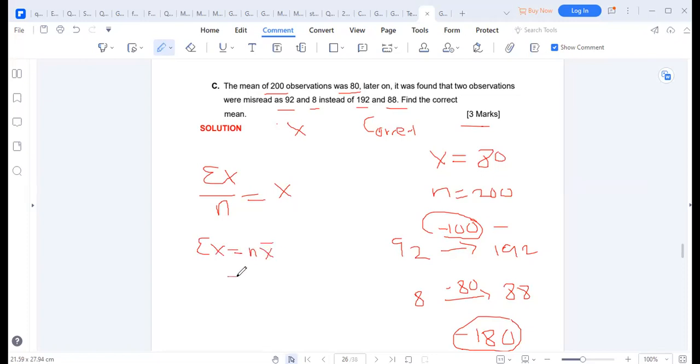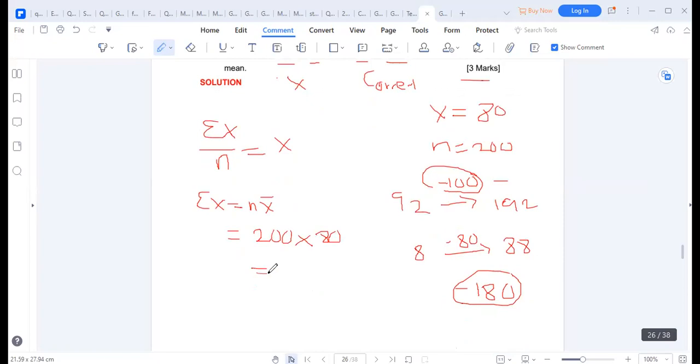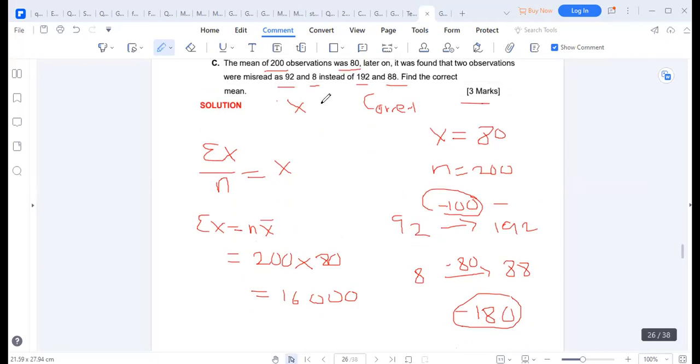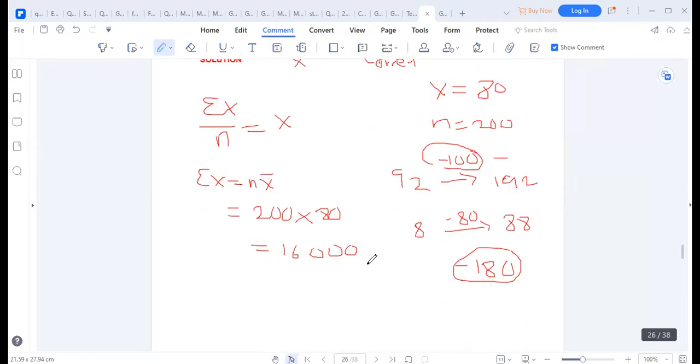N is 200 observations. Then our mean was 80. So we actually were supposed to get 16,000. So 16,000 we had understated by 180, so we subtract the 180 here.